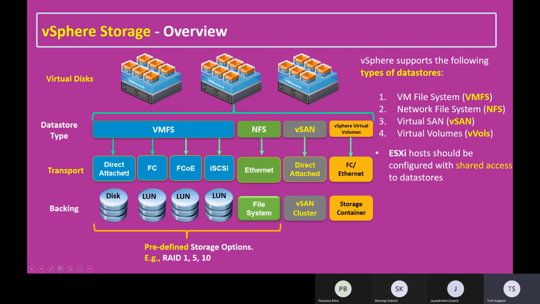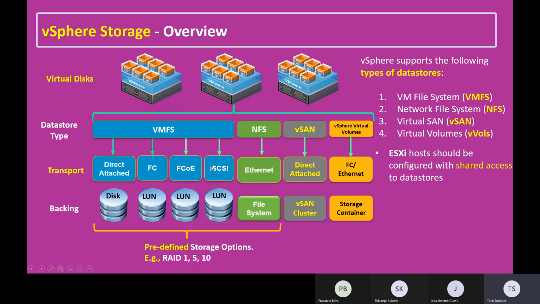That includes direct attach, which is DAS, direct attached storage, and it will support Fiber Channel SAN, where the protocol name is also Fiber Channel. It is also supported for FCoE, Fiber Channel over Ethernet, and it will also support iSCSI SAN, where the protocol name is iSCSI, Internet SCSI. And when it comes to NFS, the protocol name is also NFS, and it will connect through an Ethernet connection. We can create shared folders.